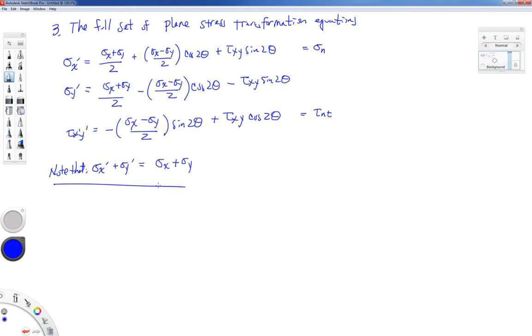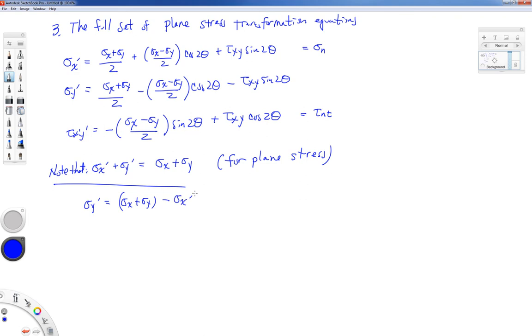This doesn't hold in the full three-dimensional case, but this does hold for what's known as a state of plane stress, or later on, we're going to talk about something called generalized plane stress. But this gives you a shortcut method to allow you to calculate sigma y prime. So you can rearrange this equation and say that sigma y prime is equal to sigma x plus sigma y minus the sigma x prime that you can calculate from the big long equation.